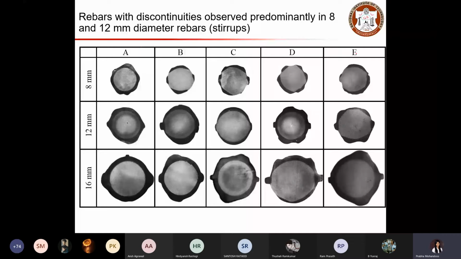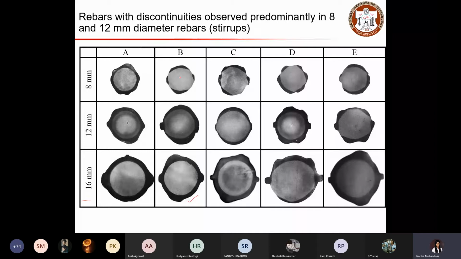One thing to note is that B has a good TMT ring formation when you have a larger diameter. But for smaller diameters, the quality is compromised, and there is no clear outer ring formation for smaller diameter rebar, and this is the case for all the manufacturers.